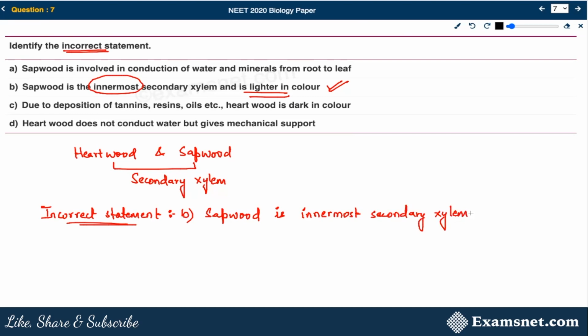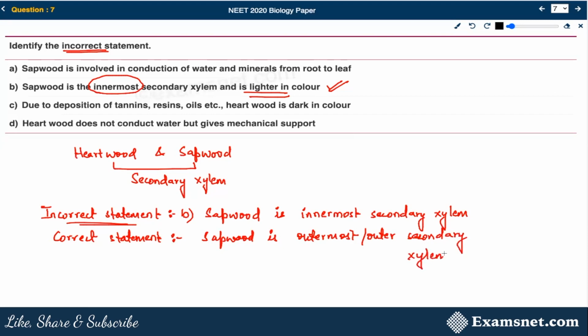The correct statement will be that sapwood is the outermost, or you can say outer, secondary xylem. Clear? Otherwise, lighter is correct, but all the other statements are clear.